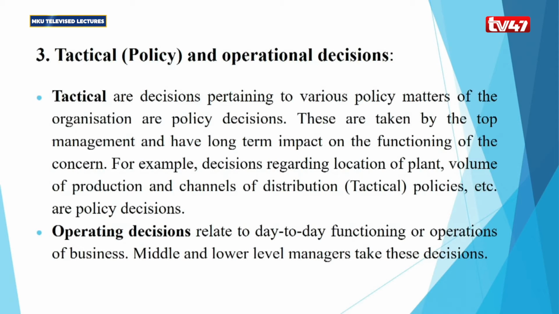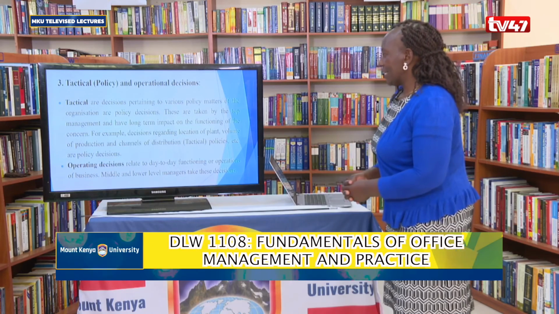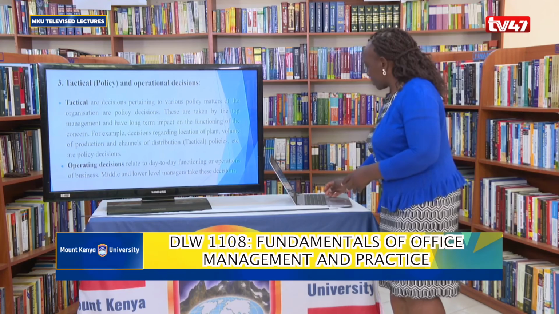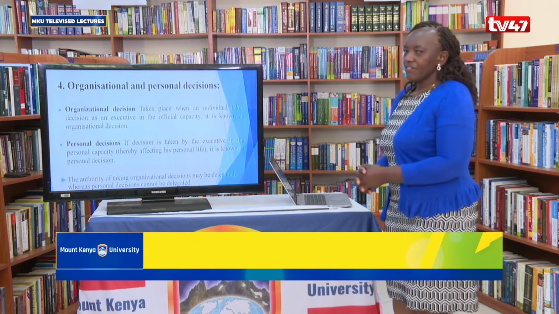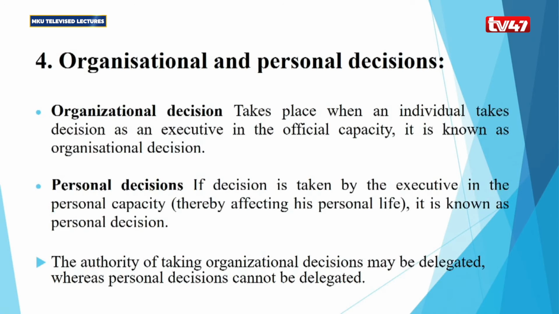And the other type of decision is the operating decisions. Operating decisions relate to day-to-day functioning or operations of a business. And the middle and lower level managers take these decisions. Four, we have the organizational and personal decisions.